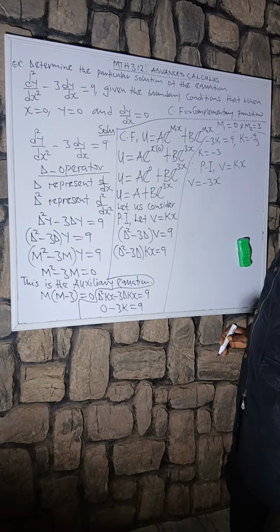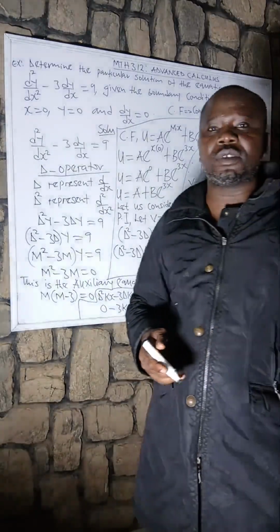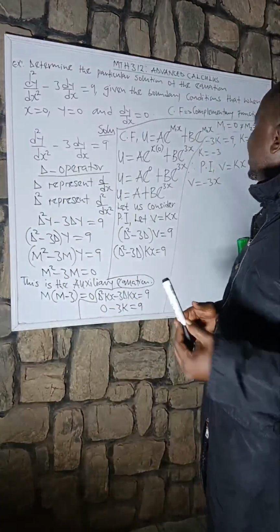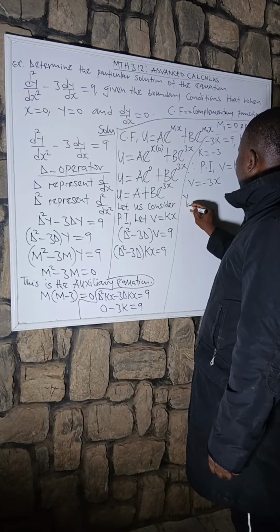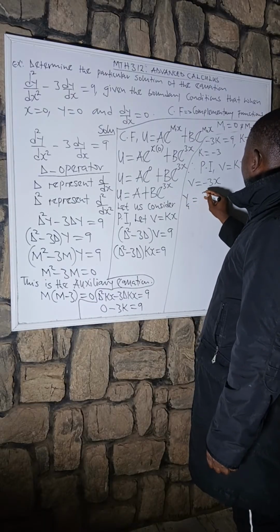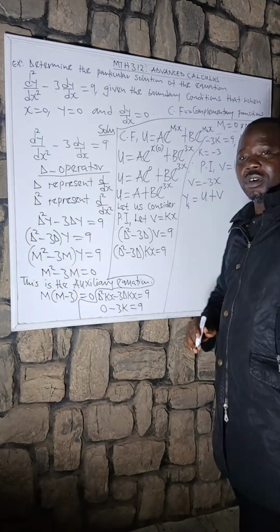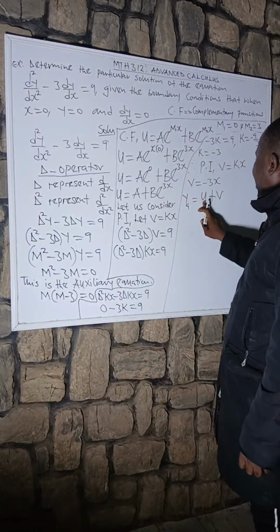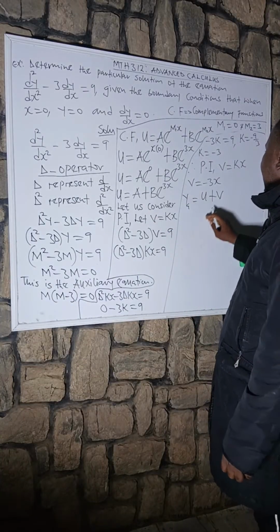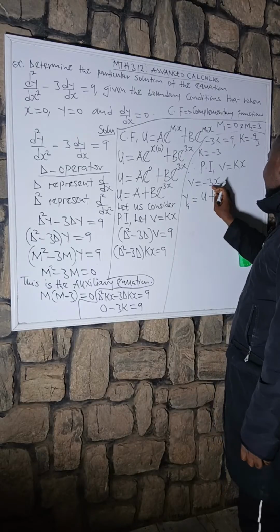So now we can obtain our general solution. True or false? It's true. Because initially I said general solution is equals to u plus v, true or false? It's true. So we are able to obtain our u as this, and we are able to obtain our v as this.